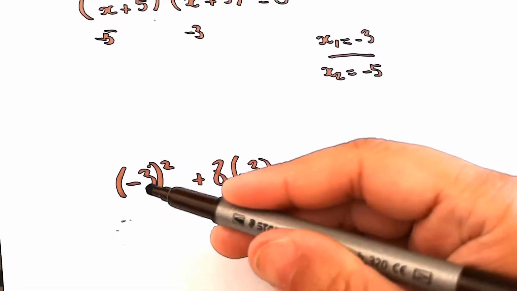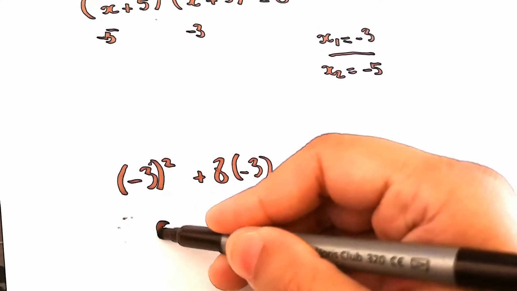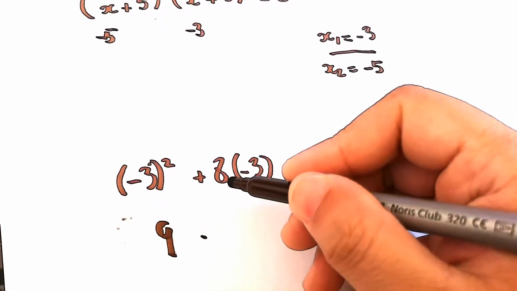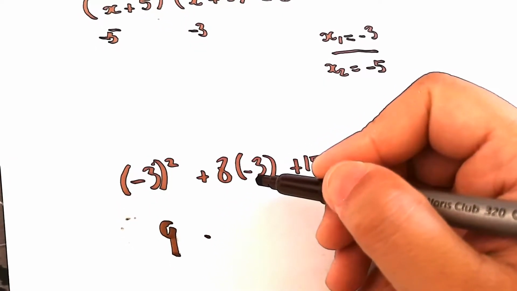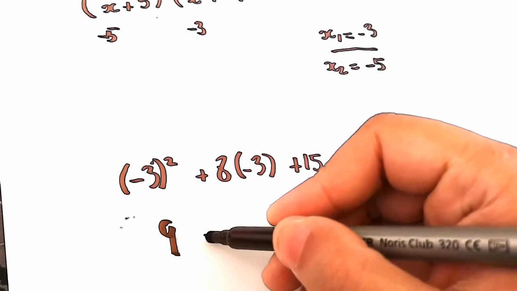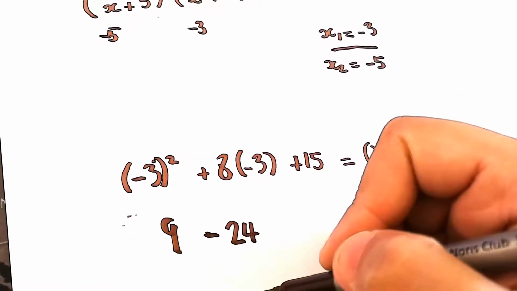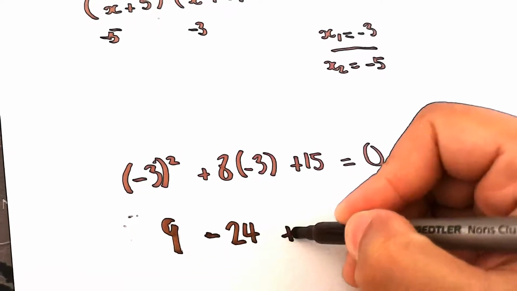So minus 3 squared makes 9, plus 8 times minus 3, which is minus 24, so 9 minus 24, and then plus 15.